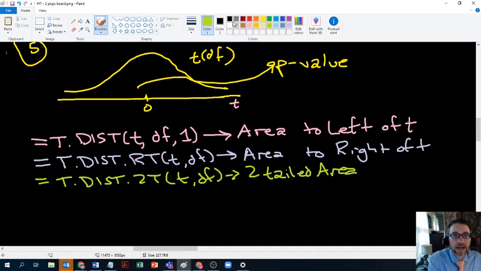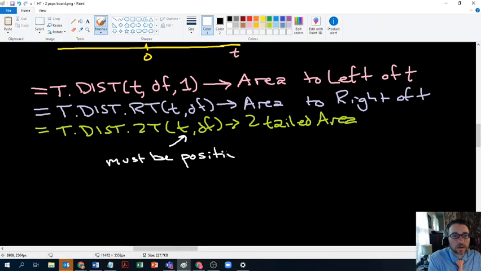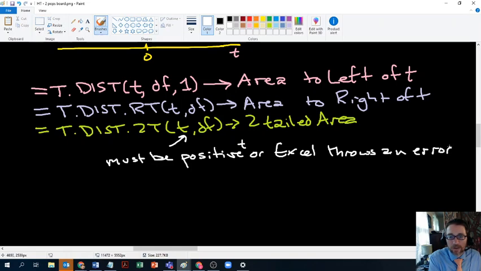It is the case that with this last one, T.DIST.2T, you have to feed it a positive number. That must be positive, or Excel throws an error. So when I use this one, and I do occasionally use it, I almost always put the absolute value of t nested inside this formula.